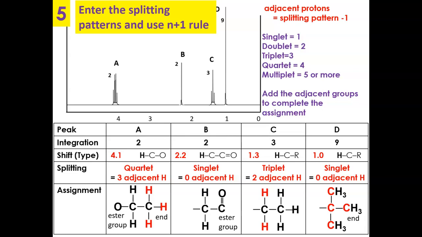So therefore, peak D must be the other end of the molecule, and of course must be on the CH2C double bond O group. And of course, remember that peak B is not splitting. The peak there is because the atom that the CH2C double bond O is bonding to has no protons of its own.